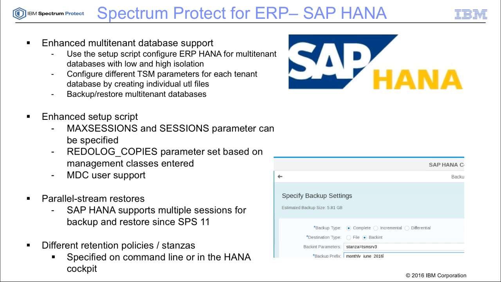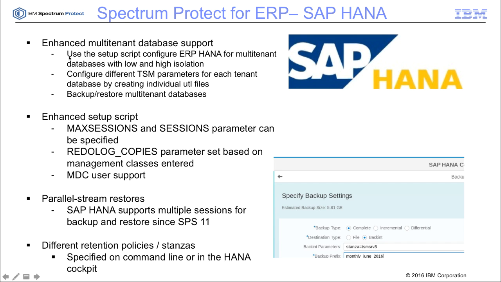Okay, so that is Spectrum Protect Snapshot for Unix. The next set of enhancements I'd like to discuss is for Spectrum Protect for ERP and specifically support for SAP HANA. Now at version 8.1, what we did is enhance the support for SAP HANA multi-tenant databases.